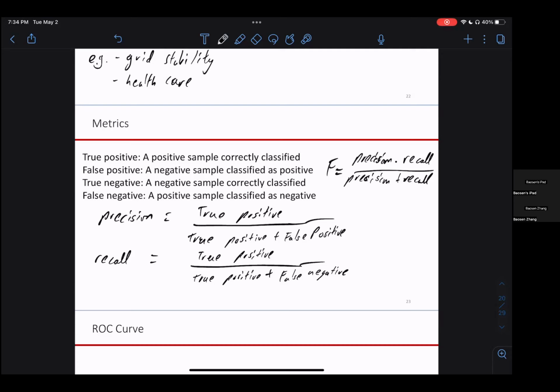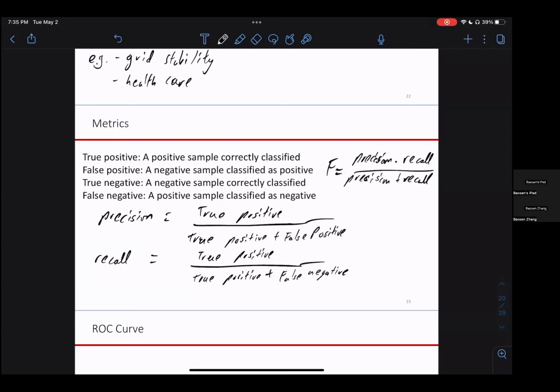When you communicate to people, let's say you give them this F score and the accuracy, why not directly optimize the thing you're telling people about? In linear regression, we minimize the error and we tell people the error. Here, why are we minimizing one thing and reporting something else?